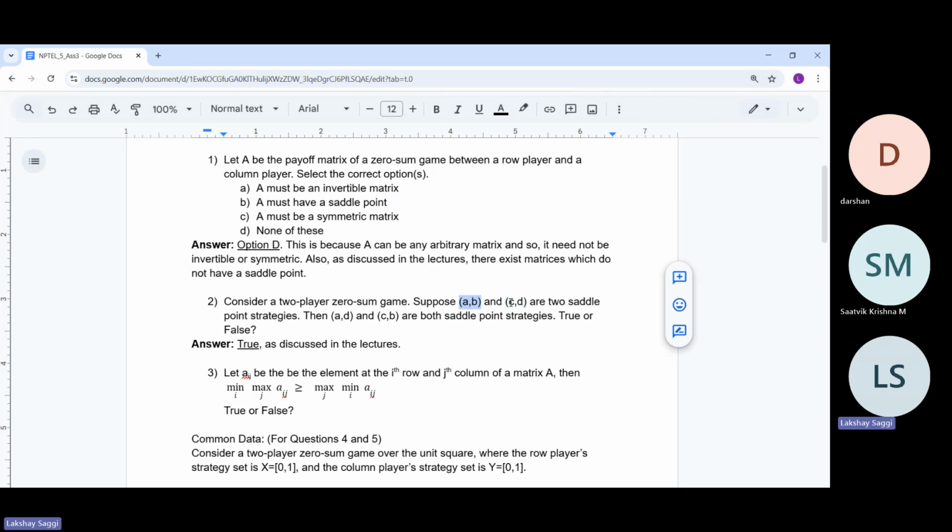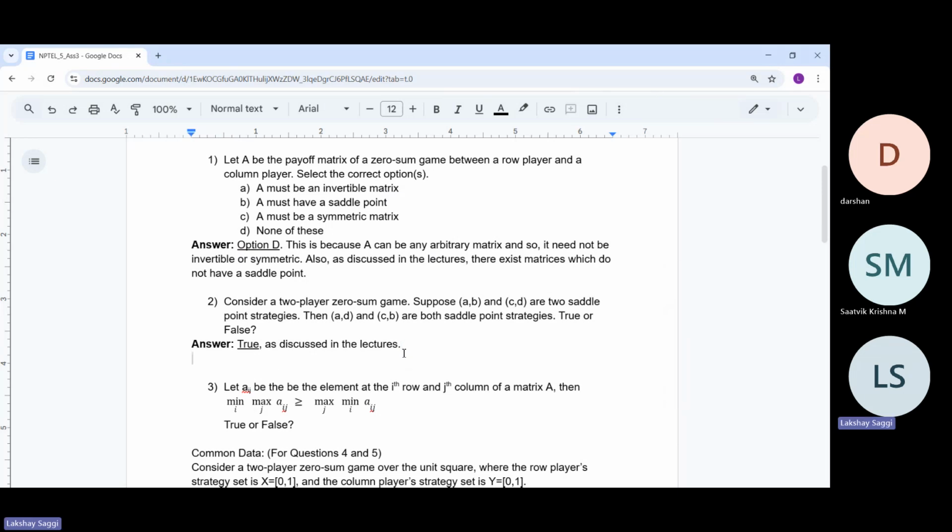Will those payoffs be equal? Yes, good job, Satvik. Satvik is saying that the payoffs will be the same. This was also discussed in the lectures that the payoffs at all saddle point strategies are equal. I'll just mention this as a note.